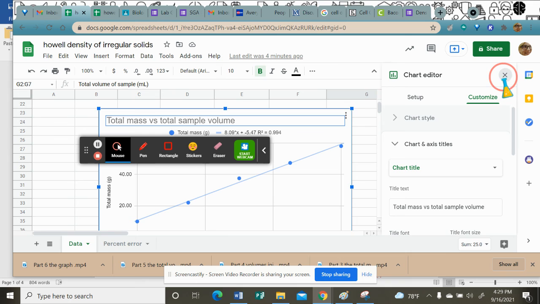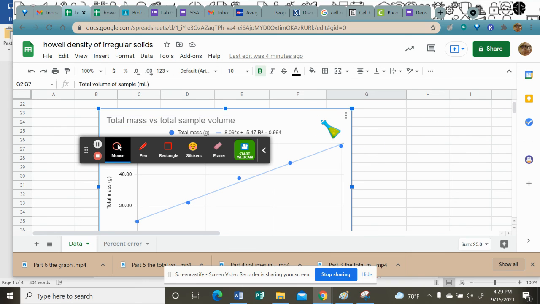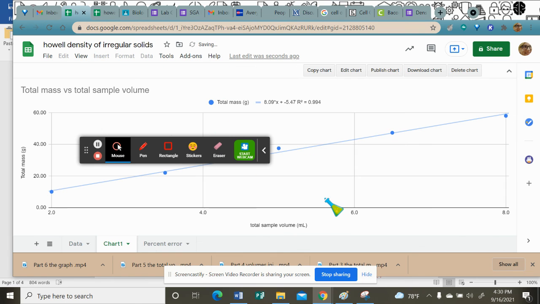Sorry. I can close that little thing out. Click on the chart. You see these three dots right here? Click on those three dots and move to own sheet. I click on that and you'll notice that it brings your chart into its own sheet where it's very easily seen, very easily printed out.